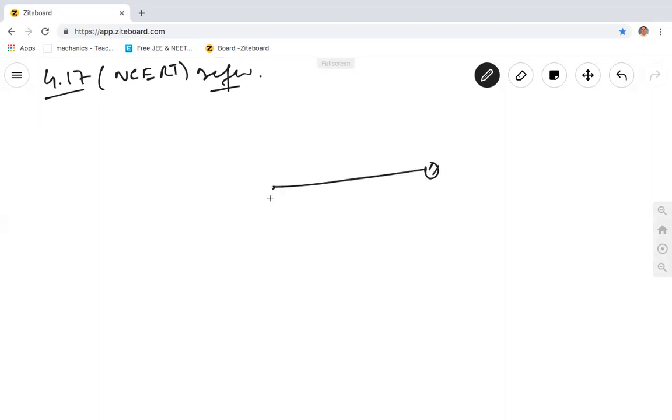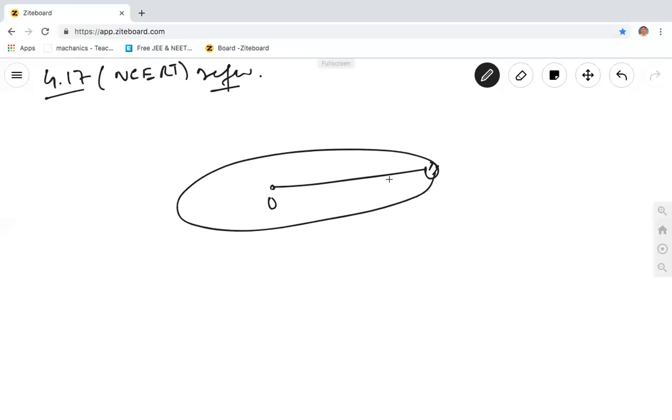Number second question. This is the 17th question of chapter 4 of NCERT. You can refer to this question later on. The question is: a stone is tied to the end of a string and is moved in a circle like this.